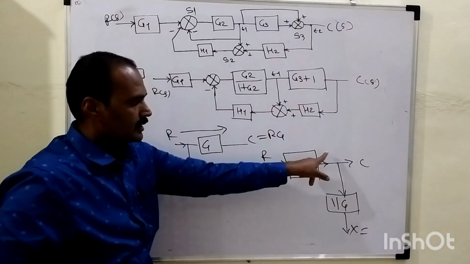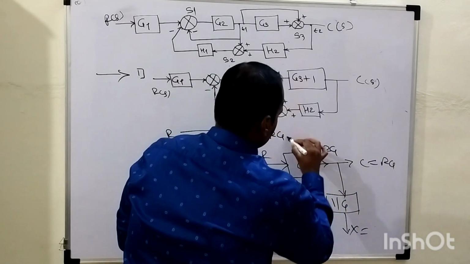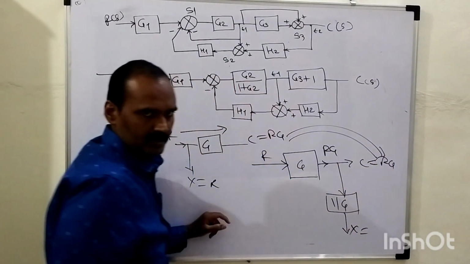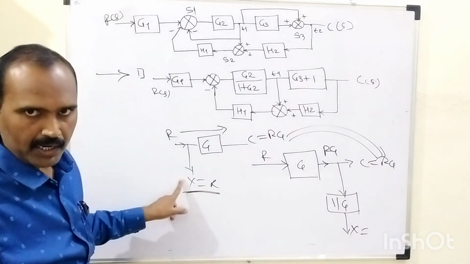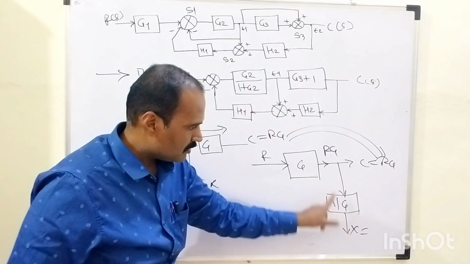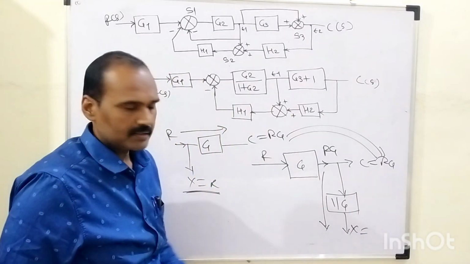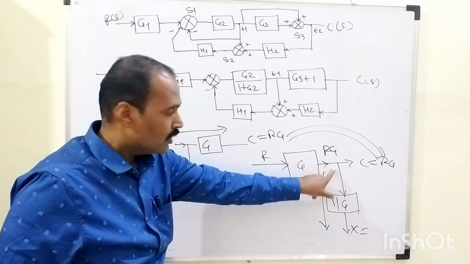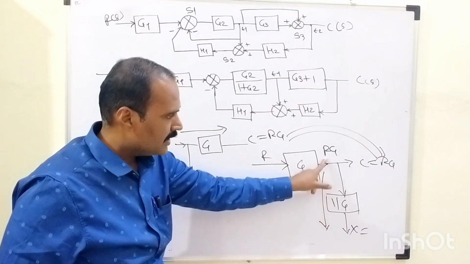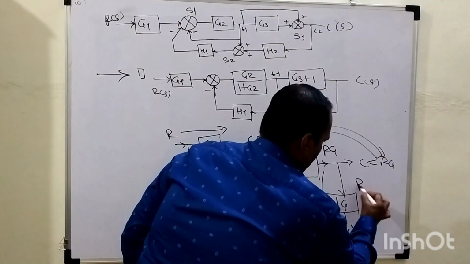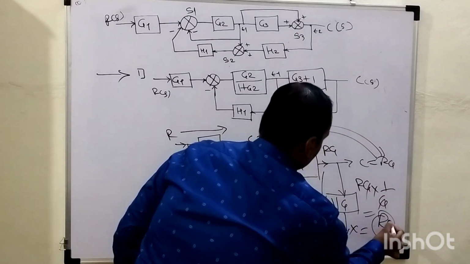Up to this point, the signal level is R into G, so C equals R into G. First statement is satisfied. The remaining statement: here we want x equals R. So x is the output of this block, the output of this path which involves this takeoff point. What kind of input is given to this block? R into G. So x equals input multiplied by gain, so R into G into 1 over G. This G will get cancelled. It equals R.